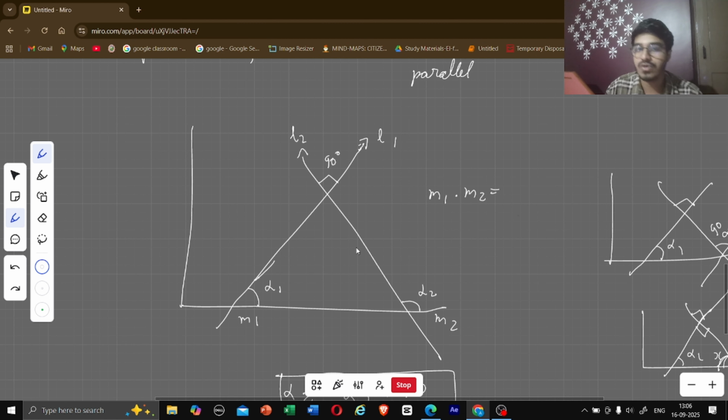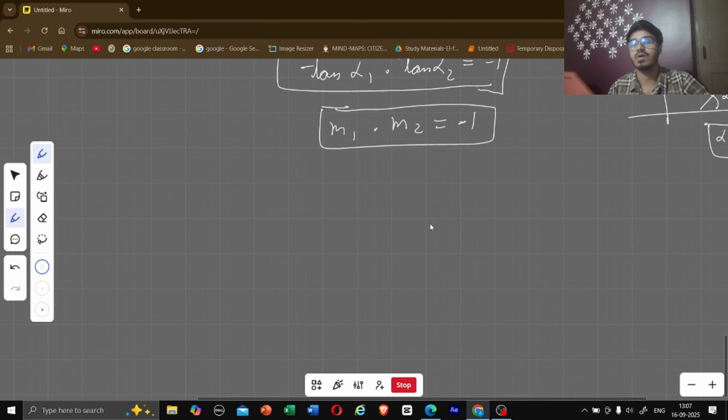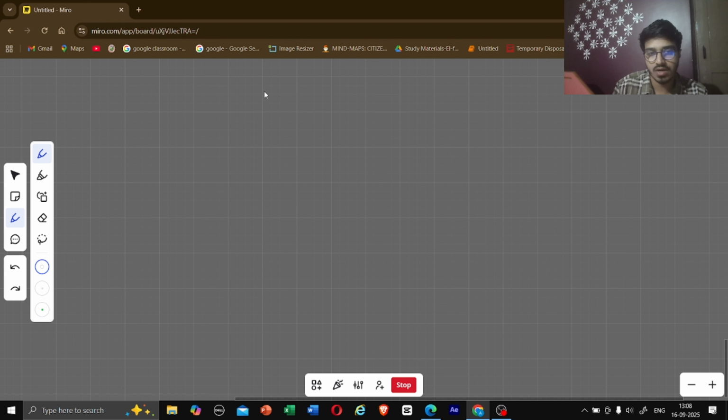Two lines L1 and L2 with slopes M1 and M2 respectively intersect each other at right angle, the product of their slopes will become minus 1. So always remember, the product of the slopes of two lines intersecting at right angles is always minus 1. This is very important.